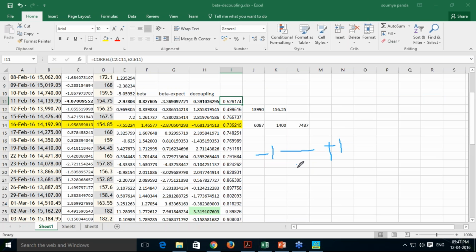The ideal zone for doing the beta decoupling is from 0.618, or 60% of correlation, to 75% of correlation, either plus or minus. This is the ideal zone wherein you should do a pair trade.